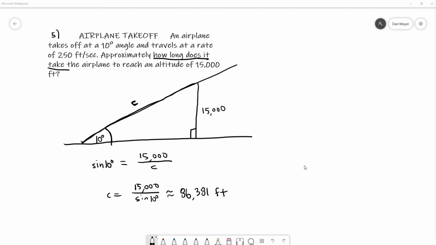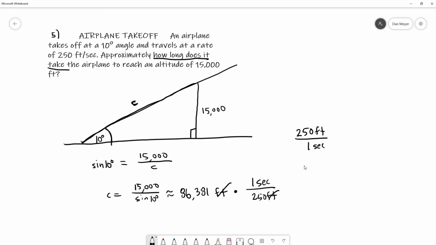I can convert my 86,381 feet into seconds by multiplying by the fraction 250 feet per 1 second, flipped, so 1 second per 250 feet, which allows me to cancel the feet.